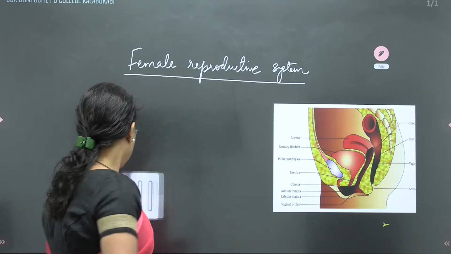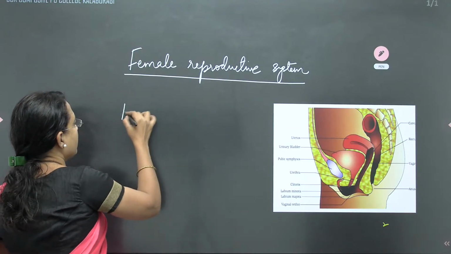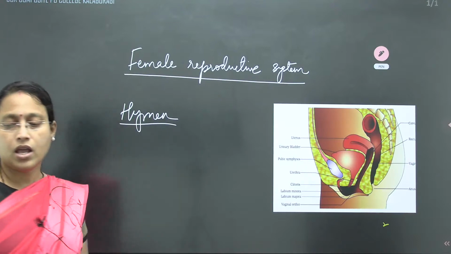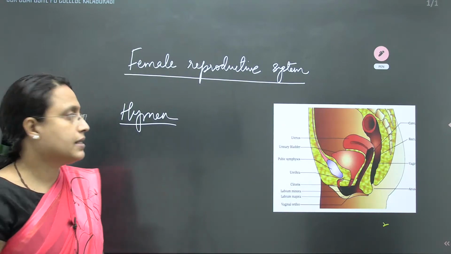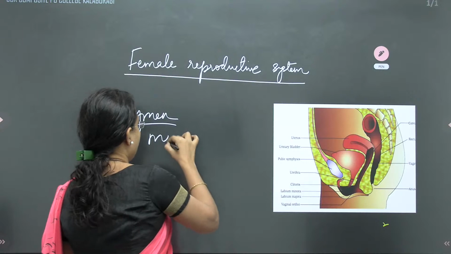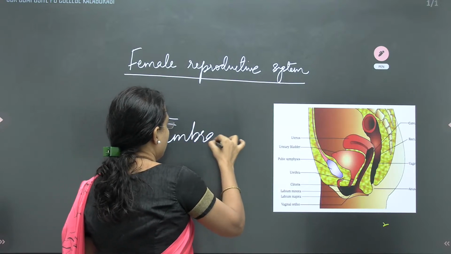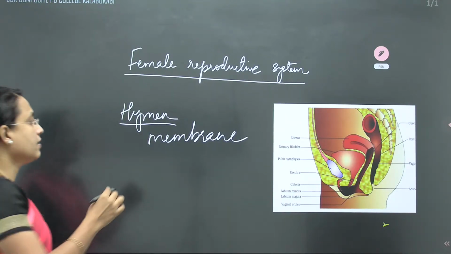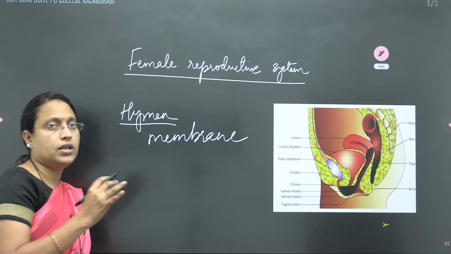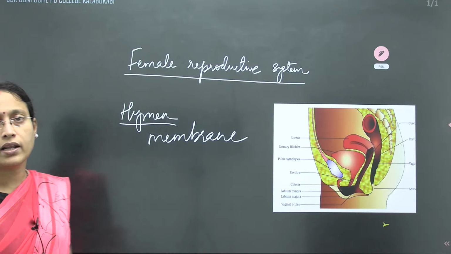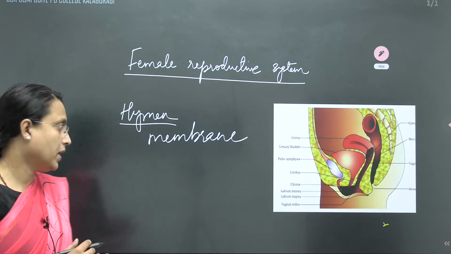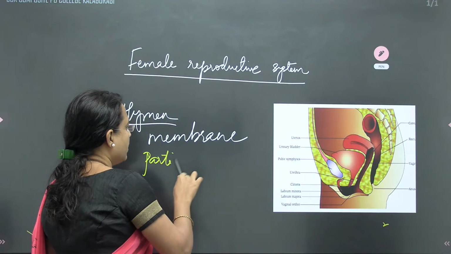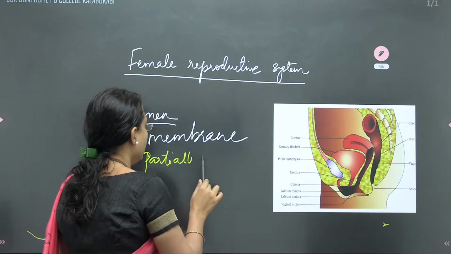So now I'll be explaining about the hymen. Hymen is a membrane that covers partially. Covers what? The vaginal opening. So that is very important, that the coverage is partial covering.